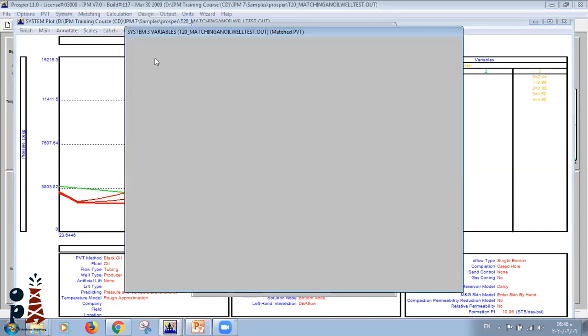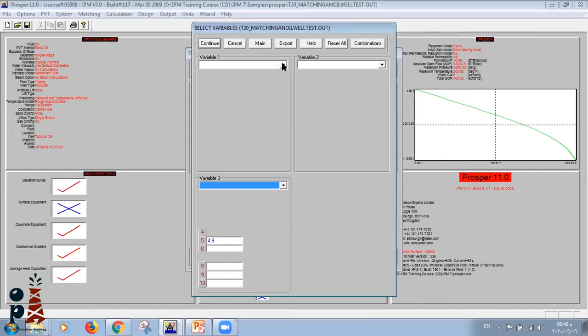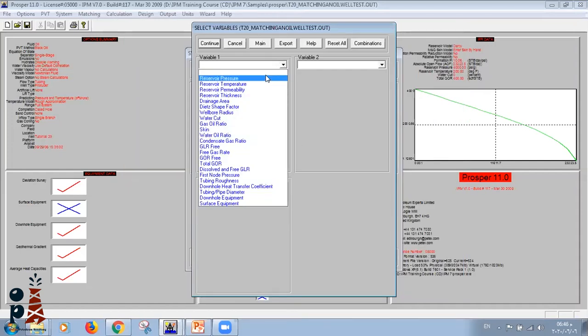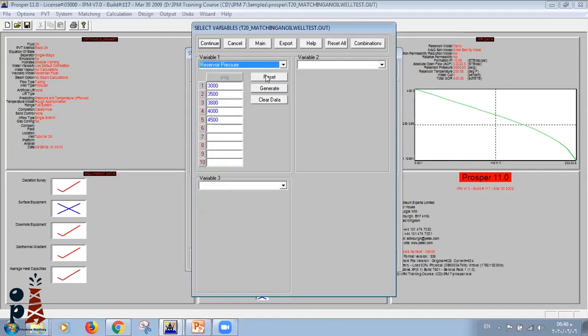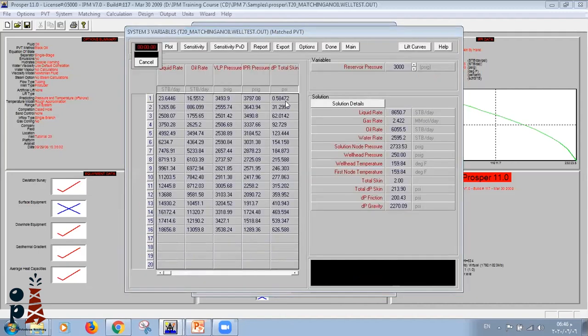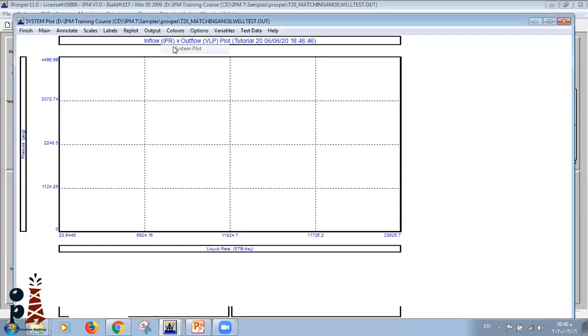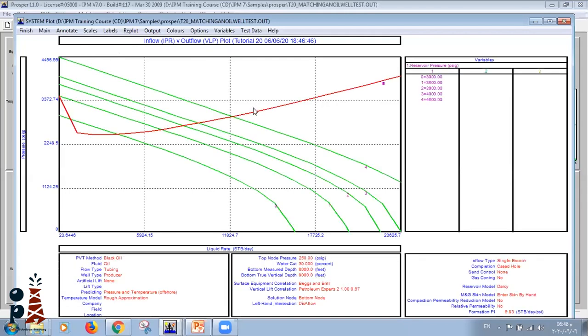Another example that I would like to show to you is to expect or estimate what will be the rate assuming different reservoir pressures, as we see here. Different reservoir pressures give us different rates. Declining in the reservoir pressure means less rate, as we see.